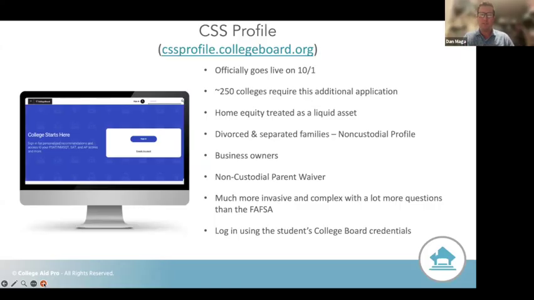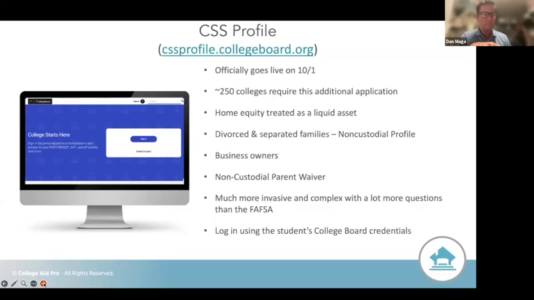Just because the ex doesn't want to fill it out, that's not going to work. So you're going to need an airtight reason why the non-custodial parent cannot fill it out to see if the college will grant the waiver. You'd be applying for that waiver through the college directly. If they don't grant you the waiver and your ex doesn't fill it out, then you can't get any money. So you've got to fill out these forms to have any chance if it's required.